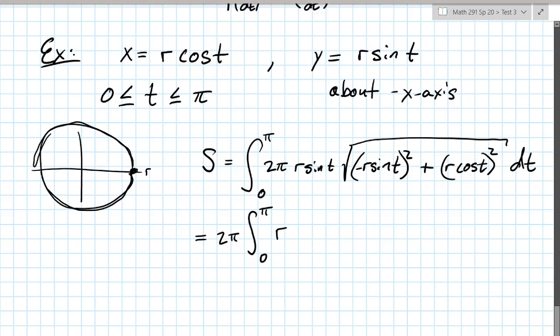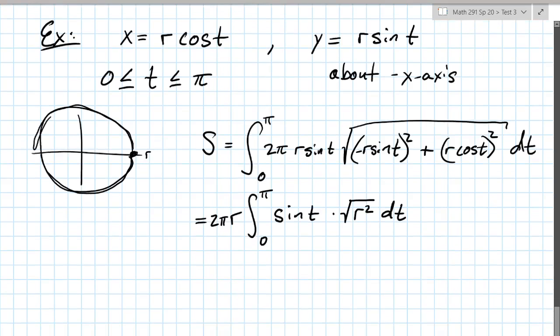becomes, notice also that r is a constant. We're going to factor out 2 pi r. We have sine t times the square root of r squared dt. Since the square root of r squared is r, we can also factor out that r as well.